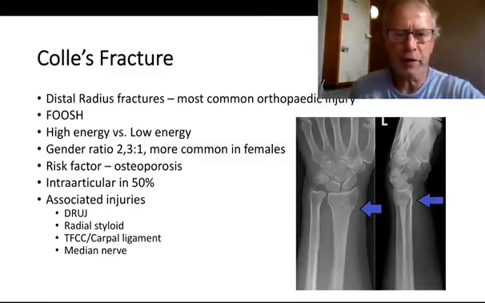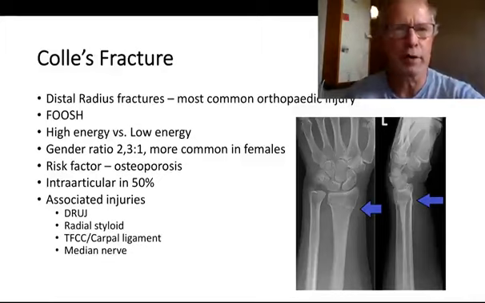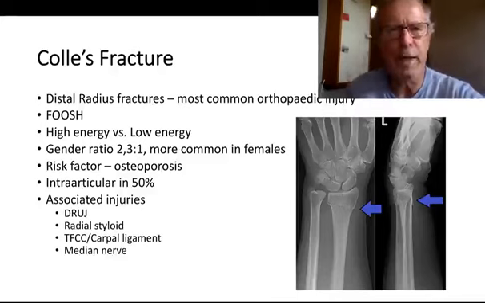Strictly speaking, a Colles fracture is a fragility fracture, which means that it's one of the fractures that people get when they get a bit older, together with vertebral fractures, spinal fractures, hip fractures. Those are the types of fractures people get when they're postmenopausal ladies and elderly men who haven't got hormonal support for their skeleton.